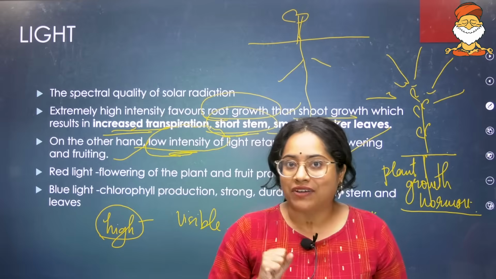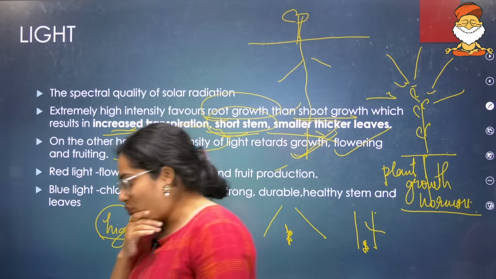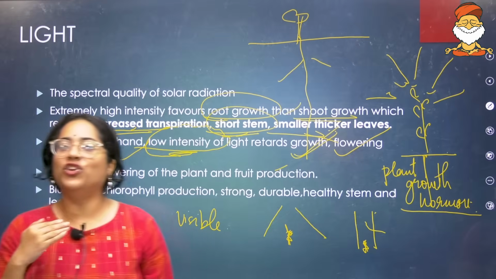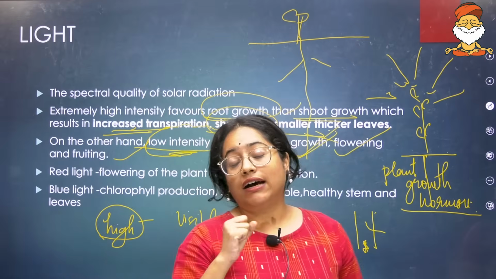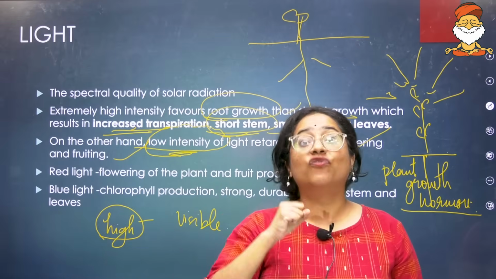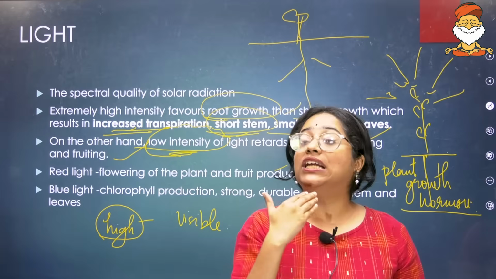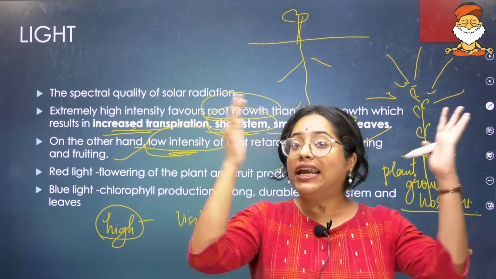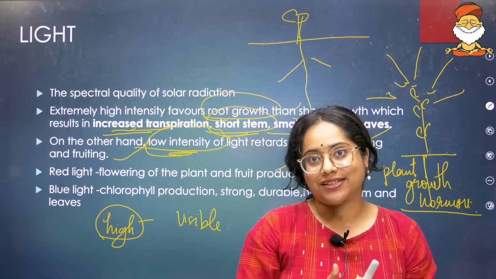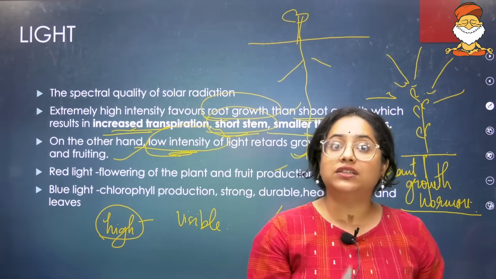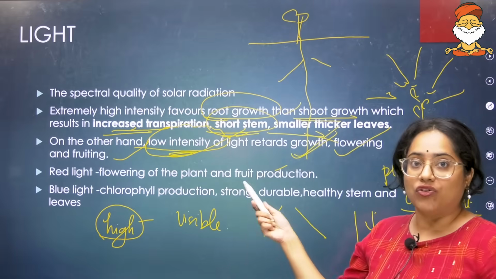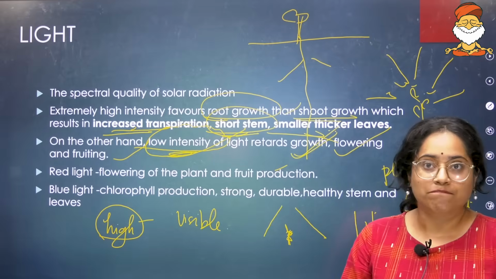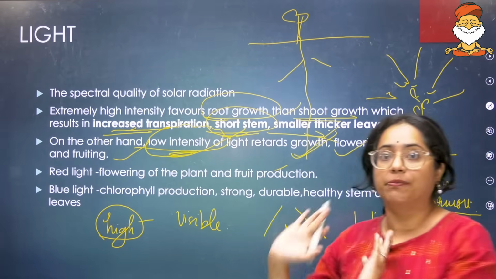This is also the reason why, I don't know how many of you have noticed this, when you want to delay the fruiting of something, or delay the ripening of fruits, you end up putting it in darker places, because low intensity of light retards growth, flowering, fruiting, etc.